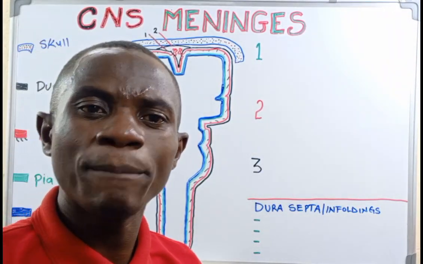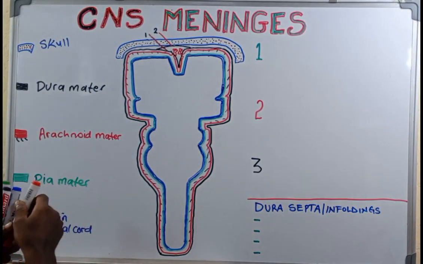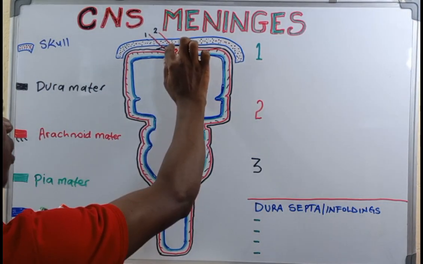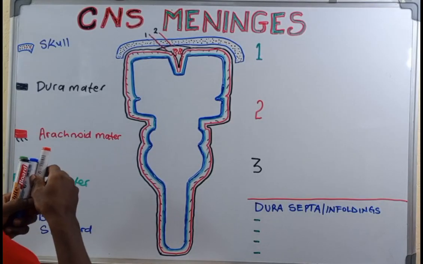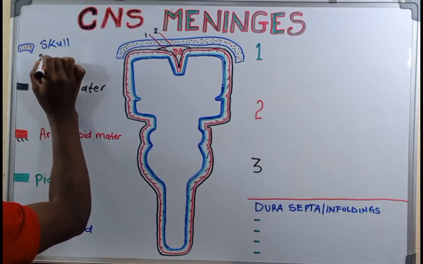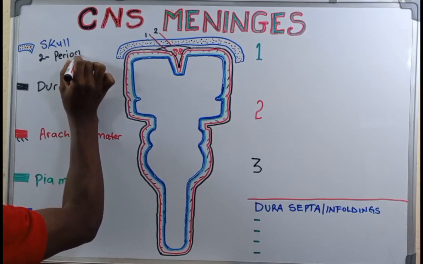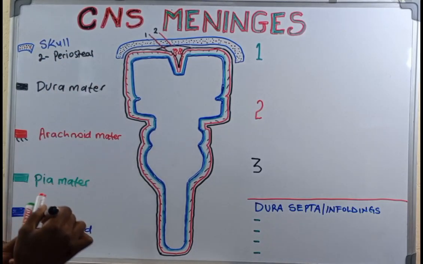That is what we call the periosteal layer of the dura mater, which is our number 2.